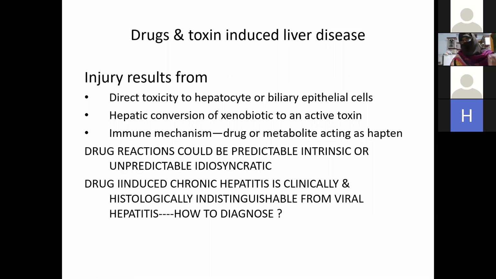And it does so by this mechanism, that is hepatic conversion. The liver system is cytochrome P450. It converts it into a metabolite which is toxic to the liver cells. An overdose of acetaminophen, if taken with suicidal intent, is liver toxic and causes acute liver failure.